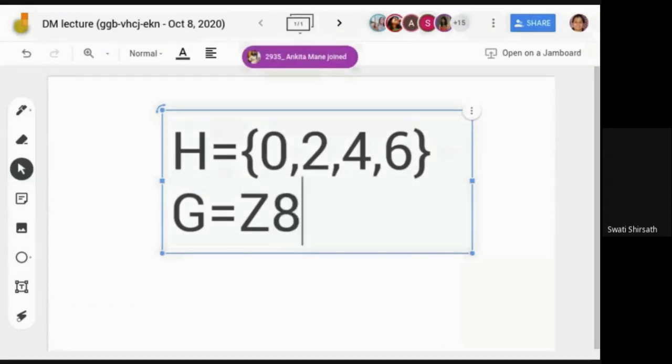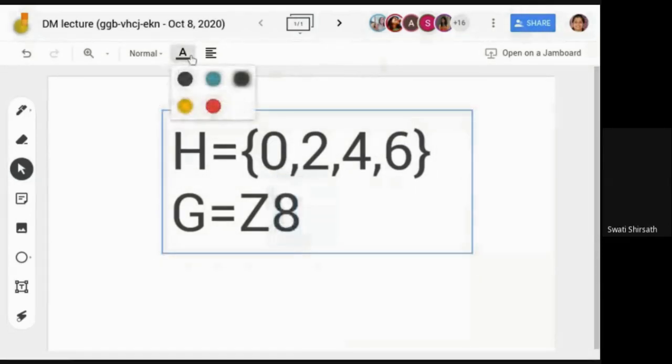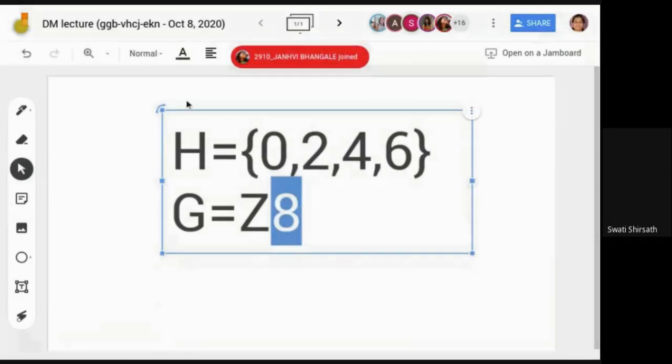I want it to be Z8. Subscript it. Are you all able to see this, right? Yes, ma'am. So subscript it, make it Z8.